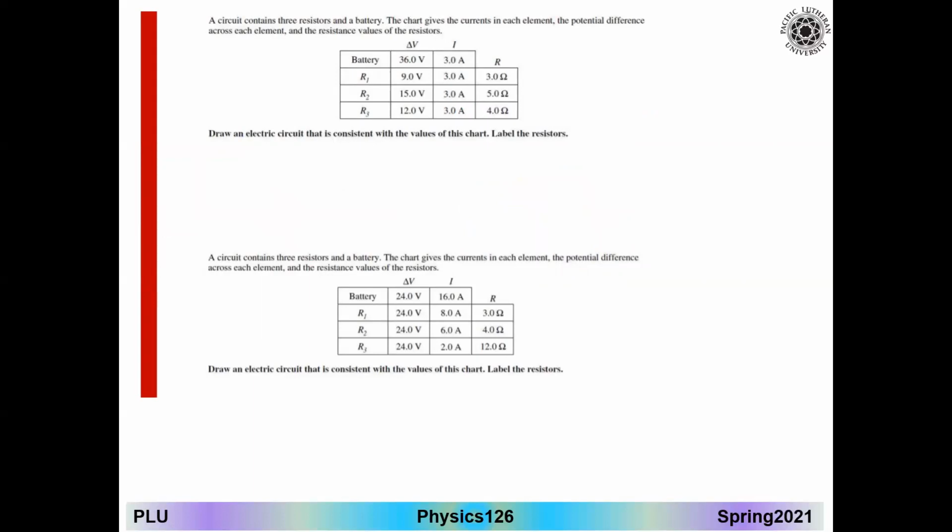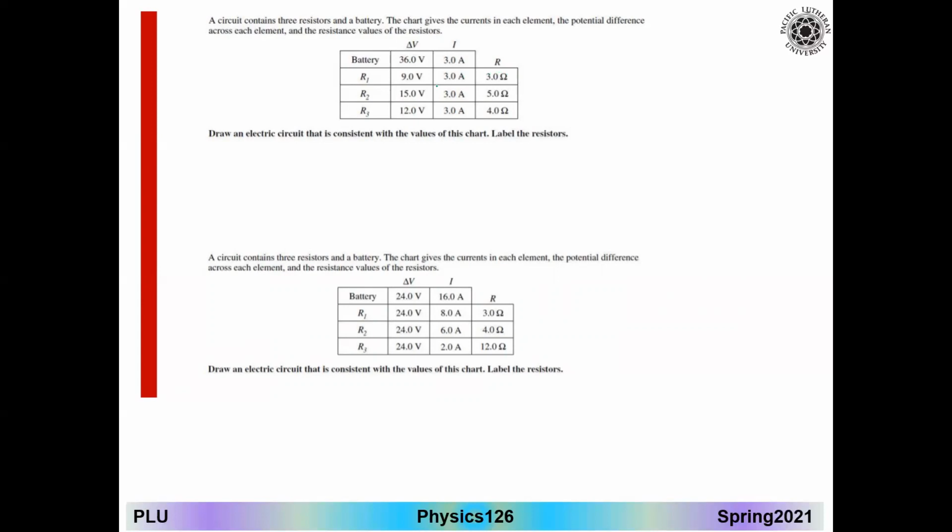So let's move to the second problem here, in which you need to read your values, and from your values, you need to draw or imagine how your electrical circuit is connected. Now we have three resistors or three light bulbs connected together and are given just the values of the potential differences and the current.